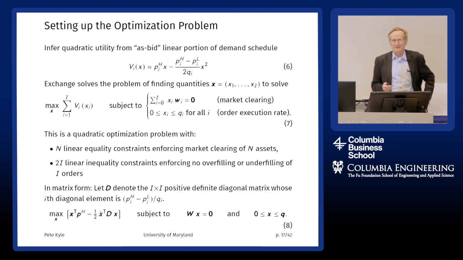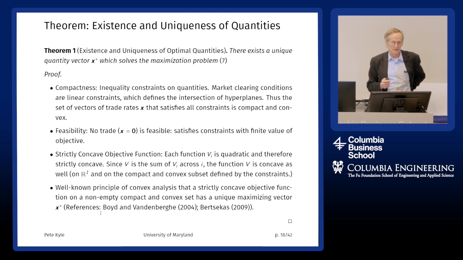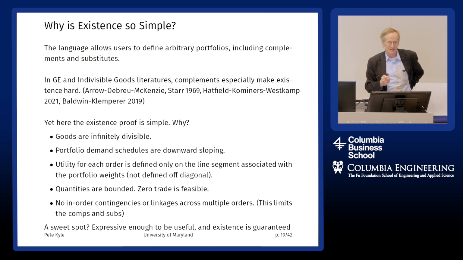Equal treatment of equals requires equal weights. So the equal treatment, giving everybody the same prices and letting everybody's order be consistent with those prices, requires equal weights. Okay. So we've got existence of quantities, which is pretty obvious here.